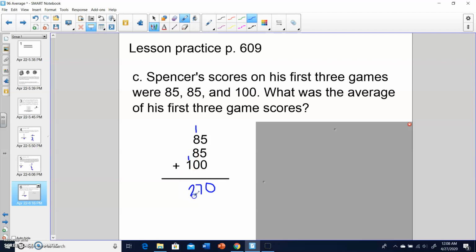And then 2. So 270 points total. That's how many scores he had total. And I'm going to divide it, because I'm finding average, by 1, 2, 3 numbers. Okay, so 270 divided by 3 games.